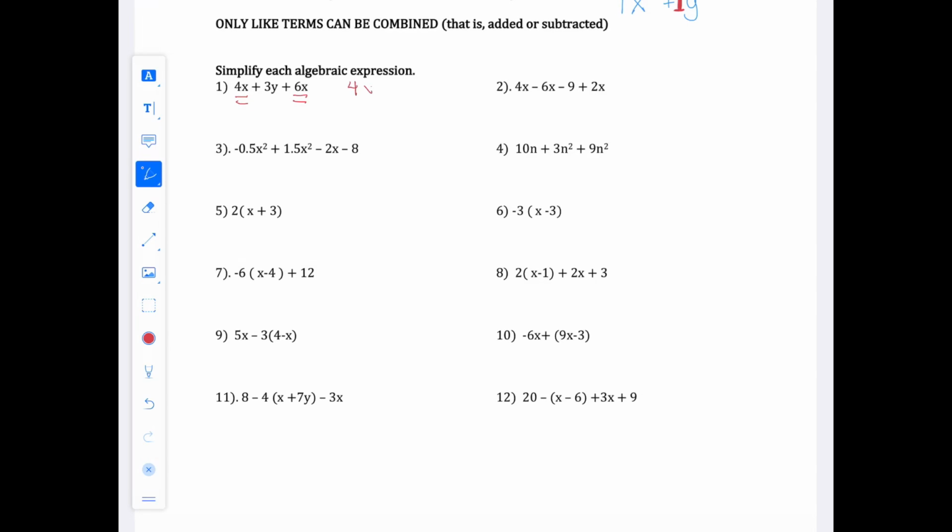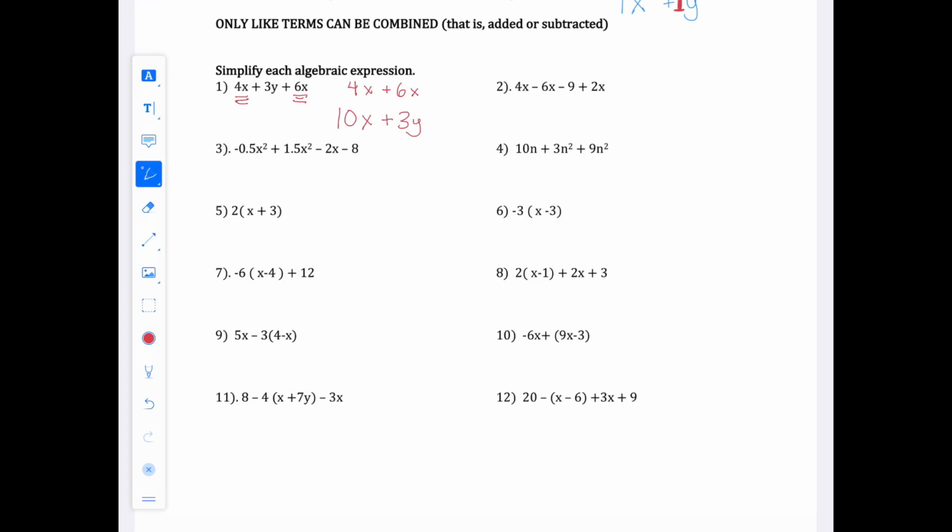So off on the side, if I have 4 x's and I add 6 more x's, how many x's do I have in total? That gives us 10x. So we have combined these two terms, and then we just bring down that solo term. Simplified, that gives us 10x plus 3y.